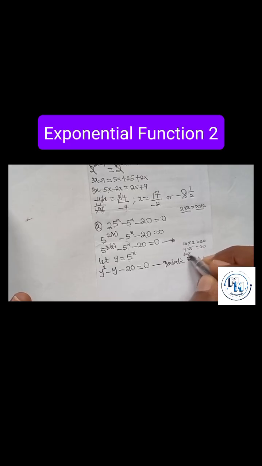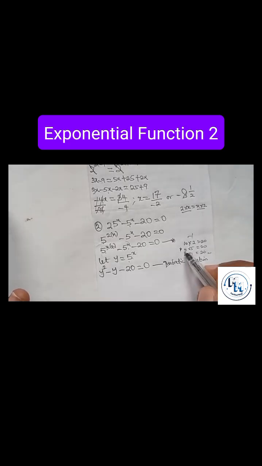Also, 20 times 1 is still 20. Now, if I subtract from these, I cannot get minus 1. But look at this one now.